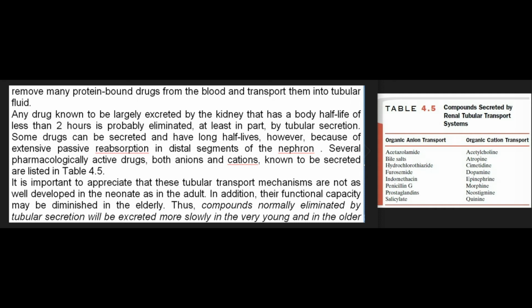It is important to appreciate that these tubular transport mechanisms are not as well developed in the neonate as in the adult. In addition, their functional capacity may be diminished in the elderly. Thus, compounds normally eliminated by tubular secretion will be excreted more slowly in the very young and in the older adult.